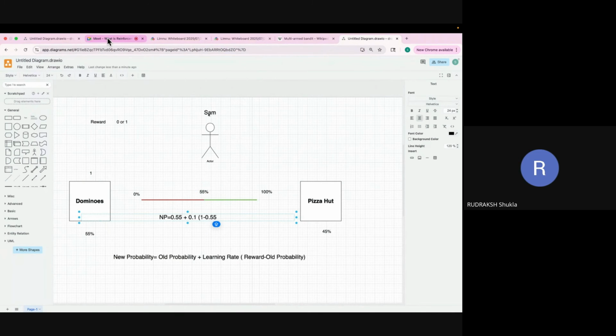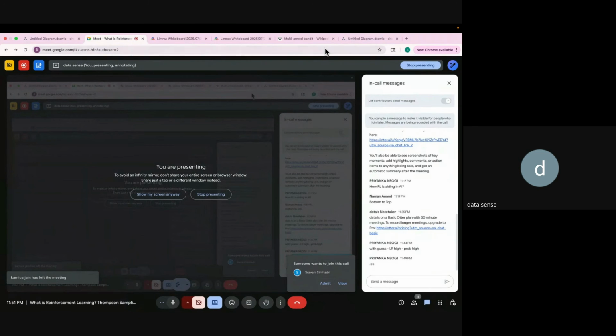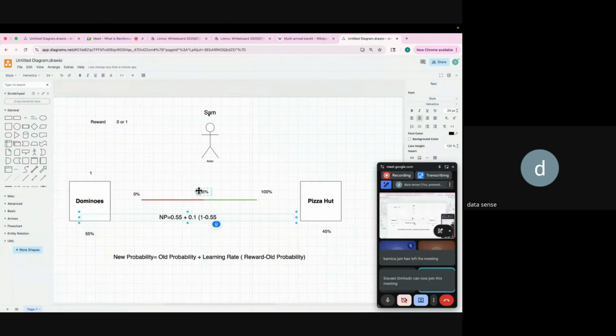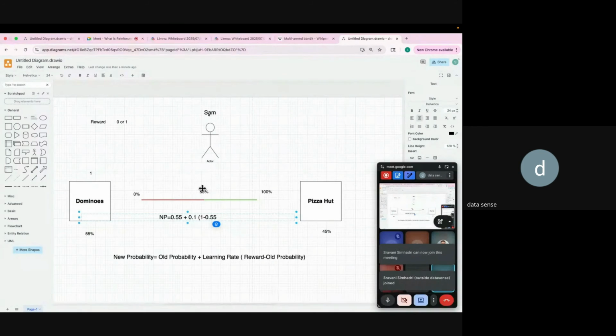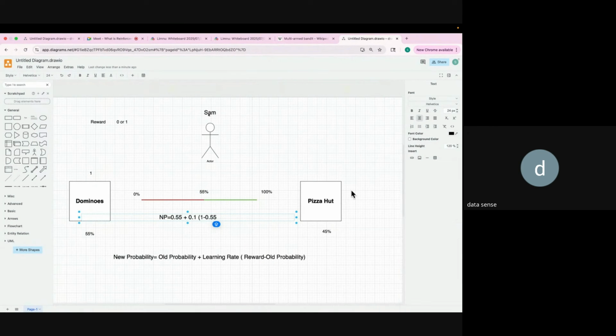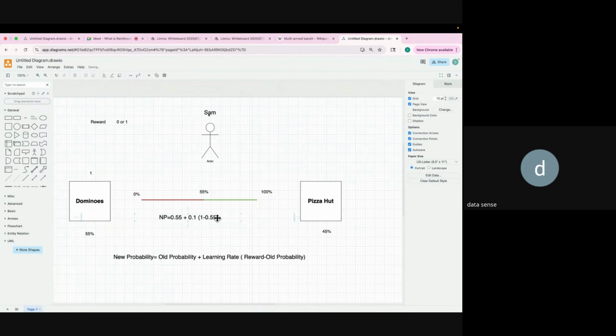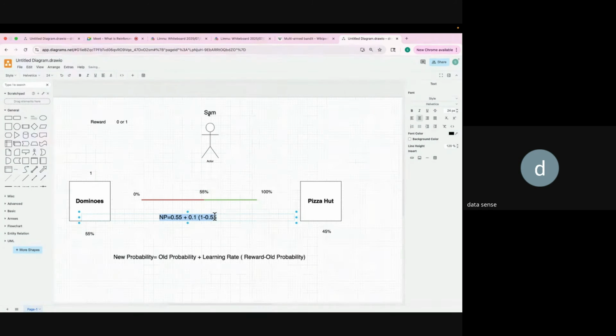How did this 55% come? This 55% came because there was a 1 here. He had a good experience, so we have incorporated that here. Is it clear? Any doubt in this? Please tell me.